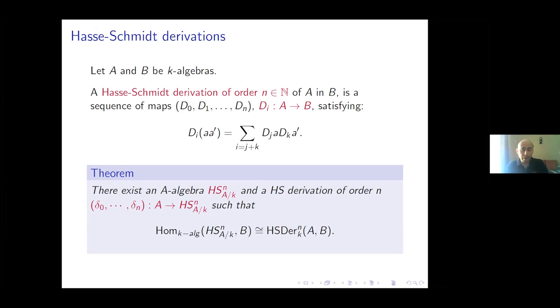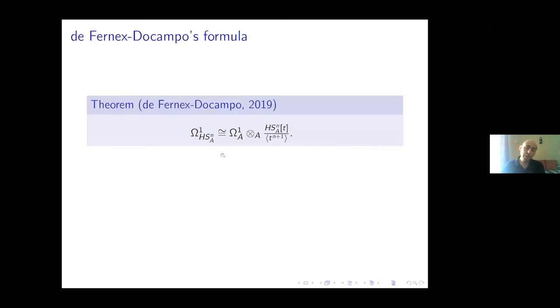Now with this object and the module of Kähler differentials, de Fernex and Docampo provided the following formula. They proved recently that the module of Kähler differentials of the Hasse-Schmidt algebra can be decomposed using the module of Kähler differentials of the original ring tensored with this quotient, these jets of order n over this algebra.